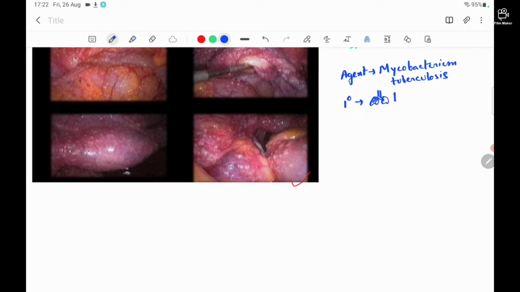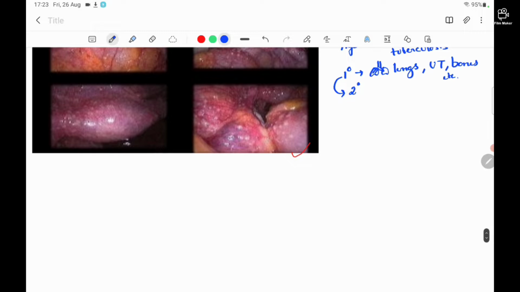Yes, in the lungs. And from the lungs there is spread. Apart from that, primary infection might be also found in urinary tract, in the bones, etc. And in the genital tract, infection secondary to these sites happens.